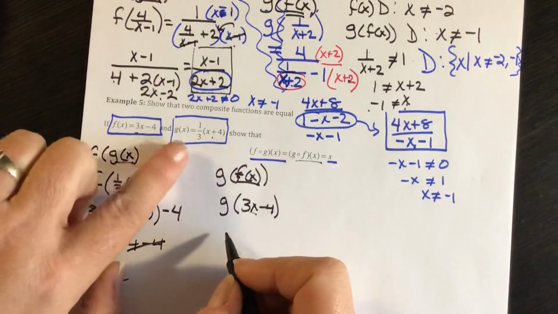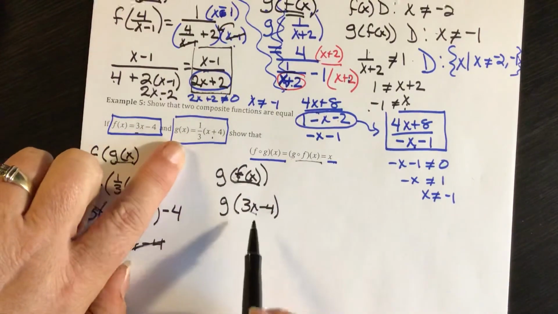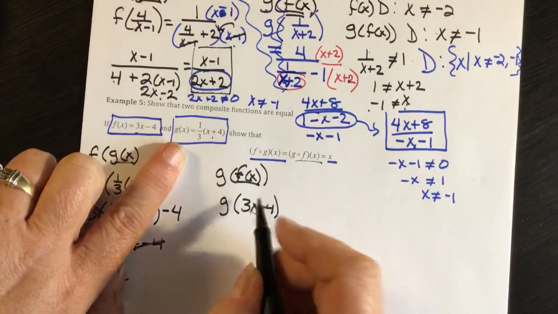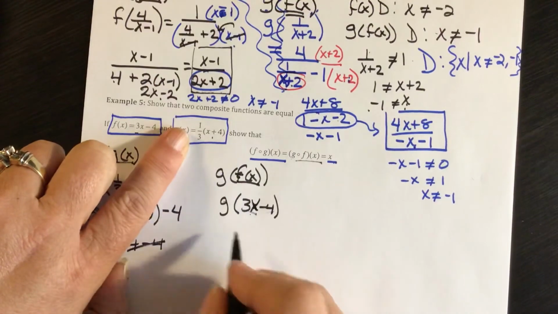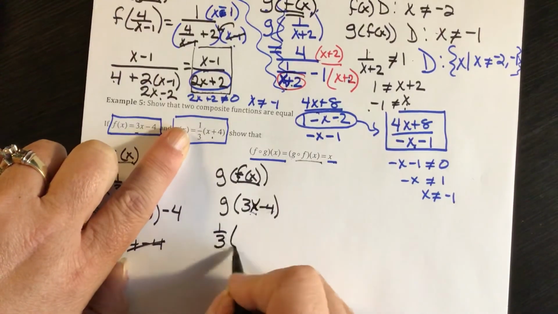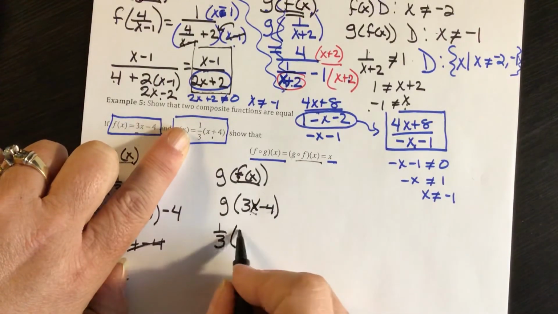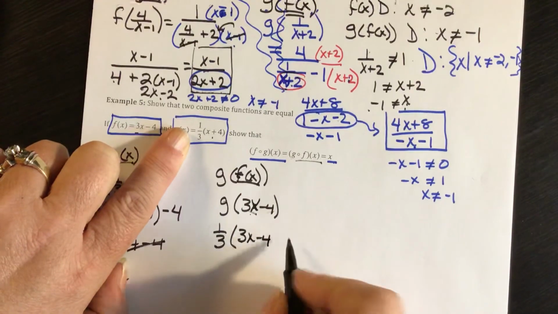So where I see an x in the g function, I'm going to plug in 3x minus 4. So I'm going to start with 1/3, and then x is 3x minus 4, and then plus 4.